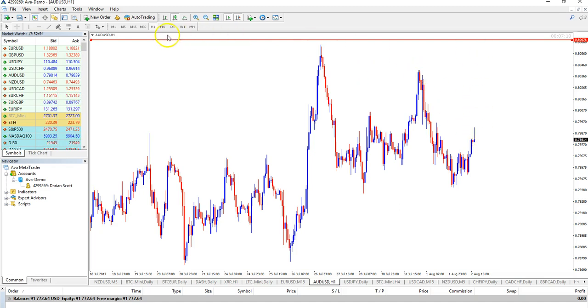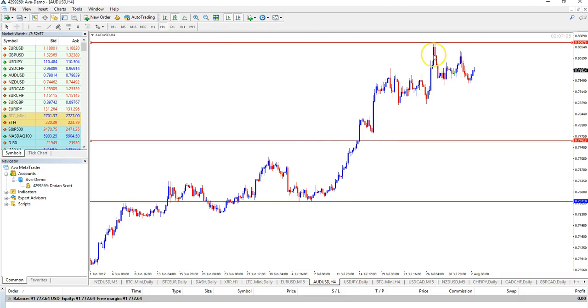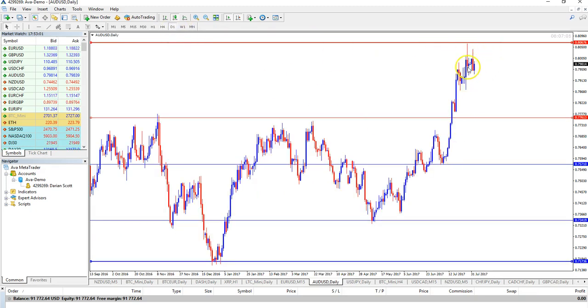We look like we're going to get a double top formation. Look at the H4, a similar thing is taking place. So it is suspected, based on my analysis and the information that I have in my mind, that the AUD USD is going to in fact push a little bit more, test this level before I see it coming back down.